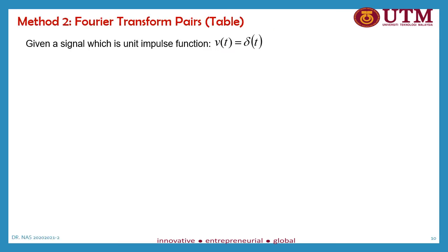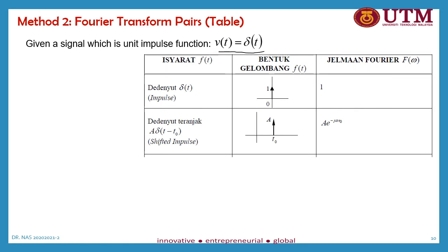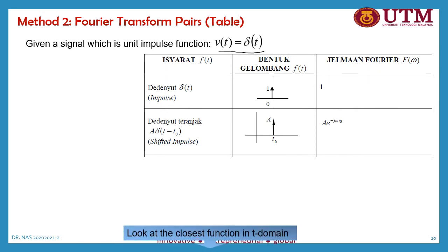Okay, let's look at how to solve this by using Fourier transform pairs from the table. Again, we are going to use the same equation. You will compare the first method, the Fourier integral, with the second method using transform pairs from the table. So the first step, you need to look at the functions in the table.